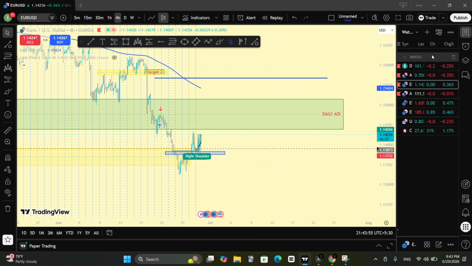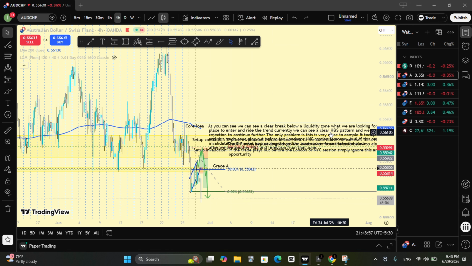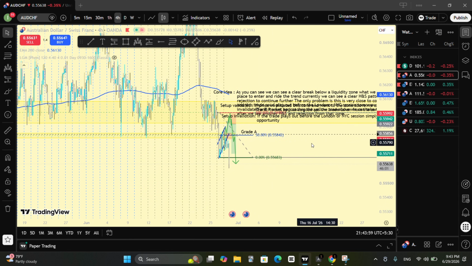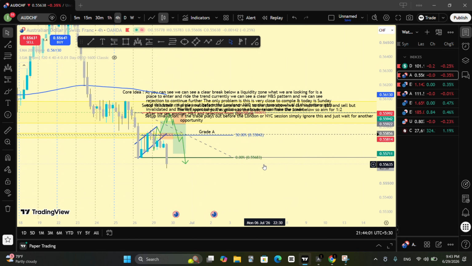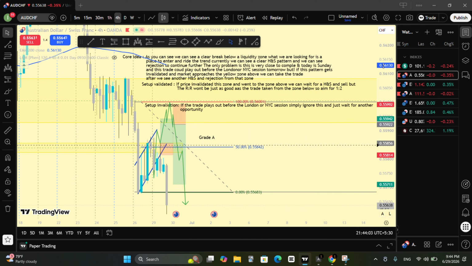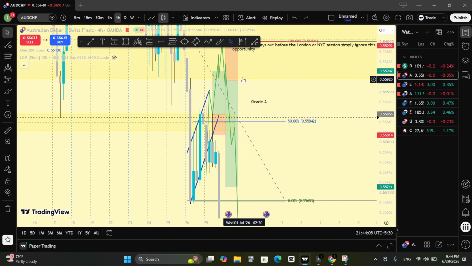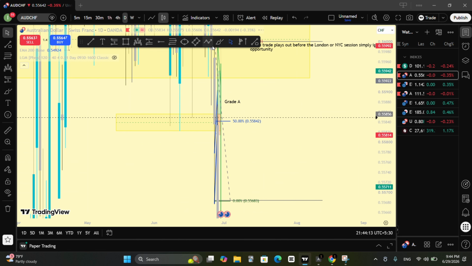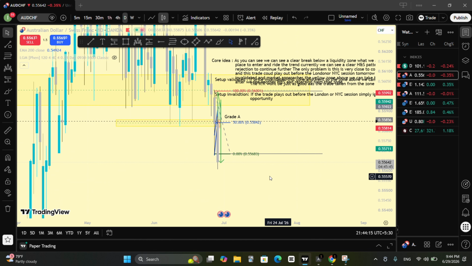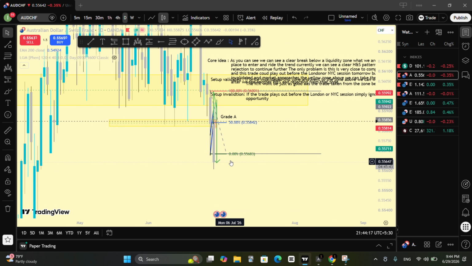So this one I also looked at the AUD CHF pair. I was expecting it to come back to this yellow area right here, but it did not come back to this area because on the daily time frame we can see the previous day highs and lows haven't been tested yet.